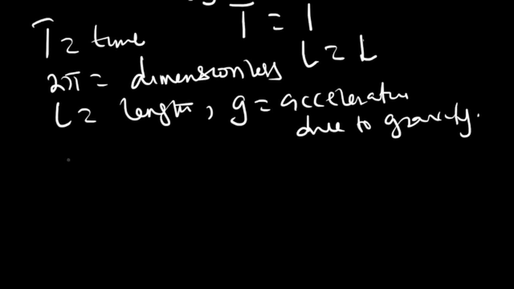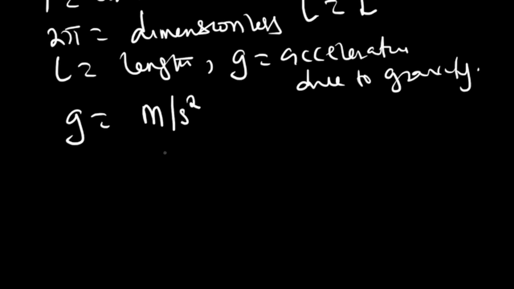For example, the unit for G is meters per second square. So we can use this as well to determine its dimension. And I'm going to show you how that works. Okay, so let's get right into it as we try to do it together.